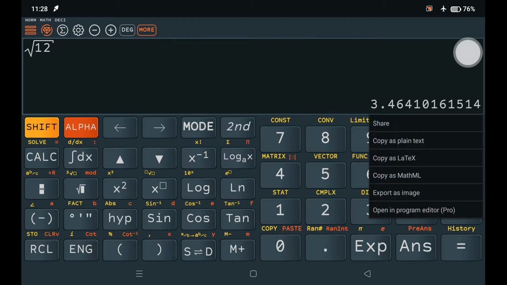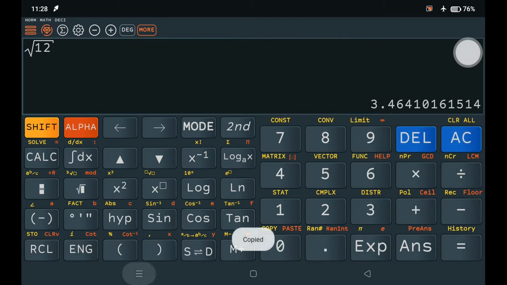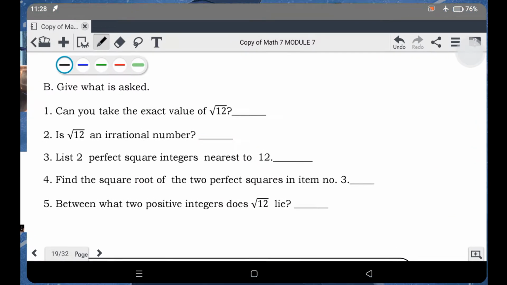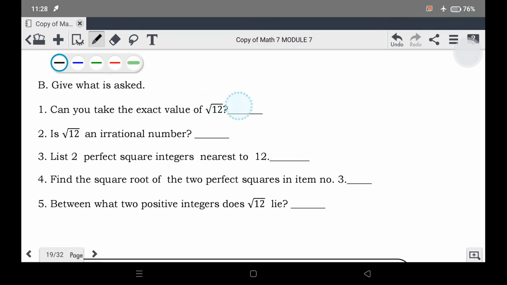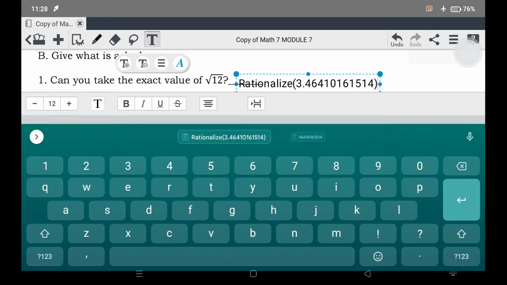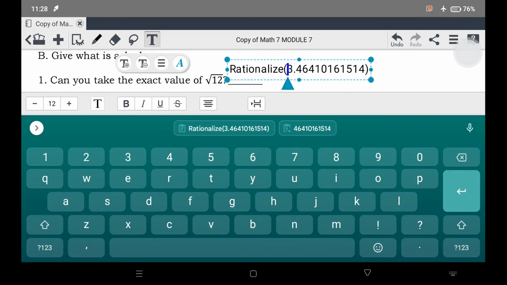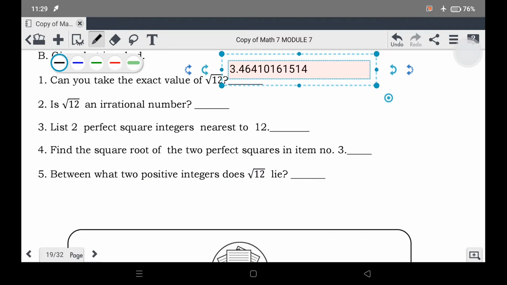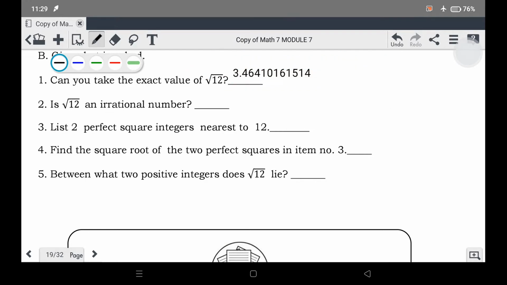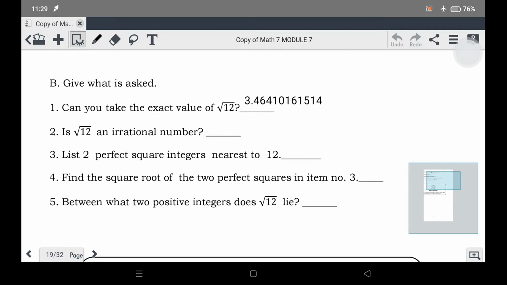So let's copy this one. Let's go back here, then paste it. Let's just delete some of the text. Okay, so we have in there 3.46410161514. That's the value of the square root of 12.